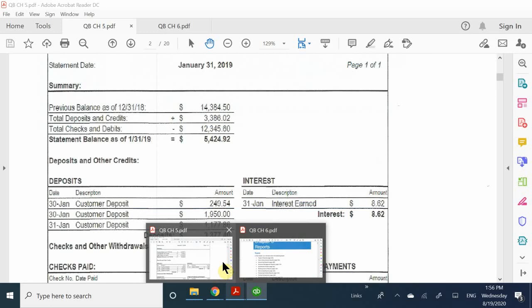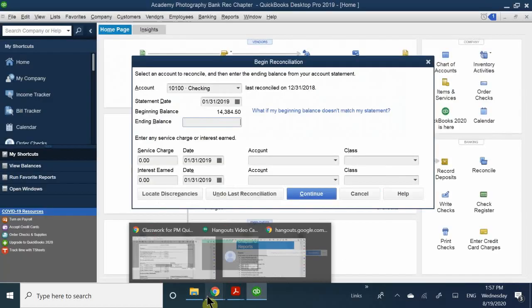So this is our bank statement, right? We're comparing our bank statement to the statement that we have in QuickBooks. So in this case, we're going to go to our book to look at our bank statement and find the ending balance. And here, the statement balance as of January 31st is $5,424.92.